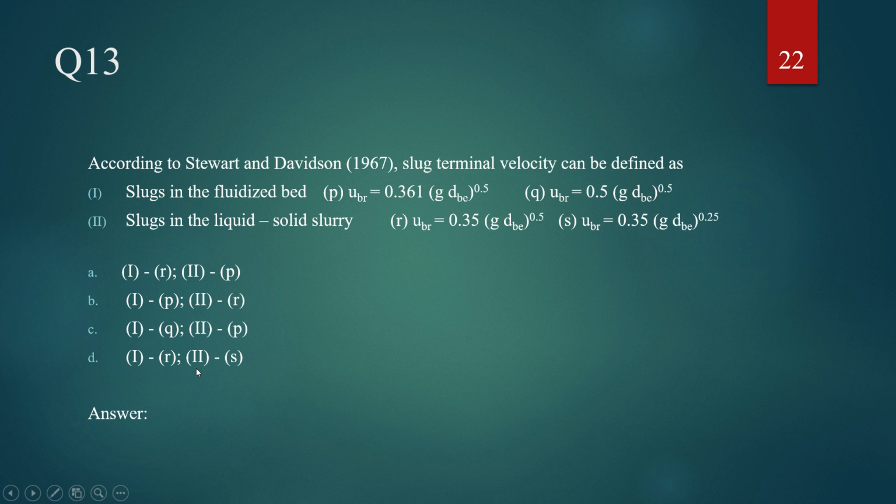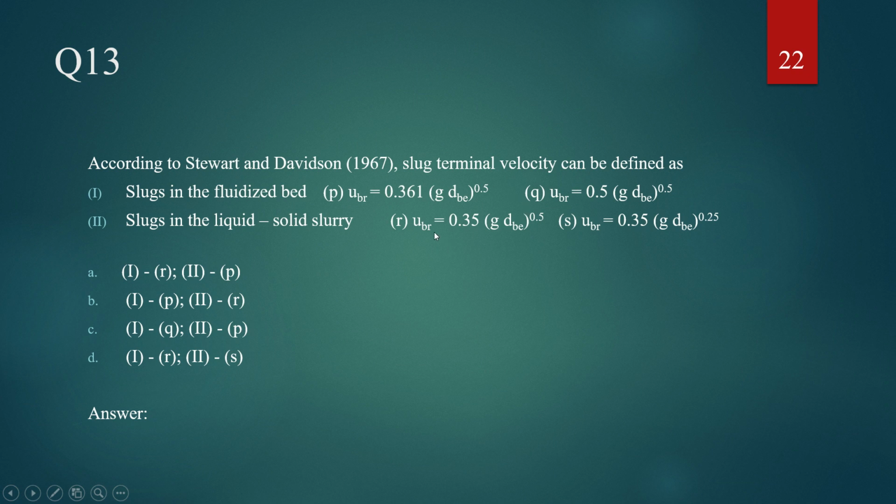So 2P or 2S, slugs in the liquid solid slurry. What is P? P is 0.361 G dBE power 0.5, or 0.35 G dBE power 0.25. So it doesn't vary that much. The right answer is 0.361 G dBE power square root. Sorry. For the liquid solid slurry, it is 0.361 G dBE power 0.5, and for slugs in the fluidized bed, it is 0.35 G dBE power 0.5.